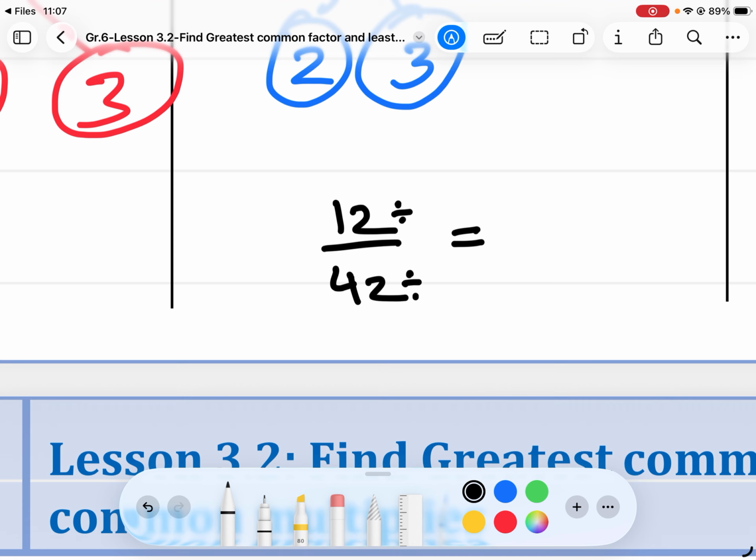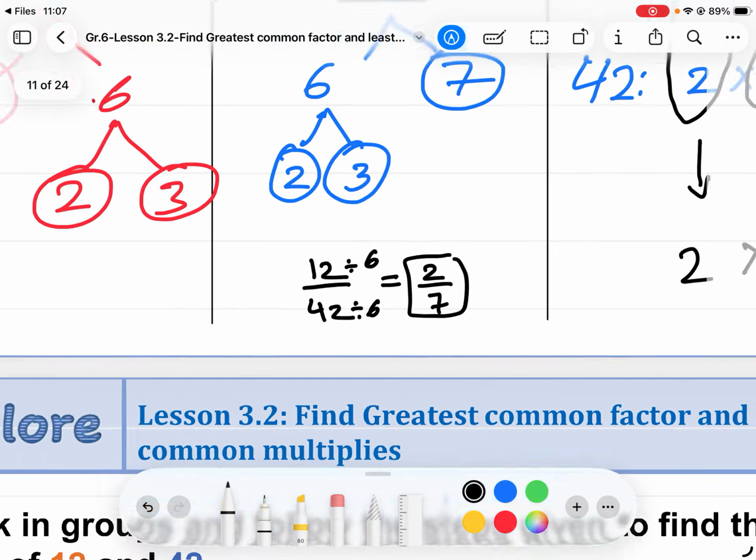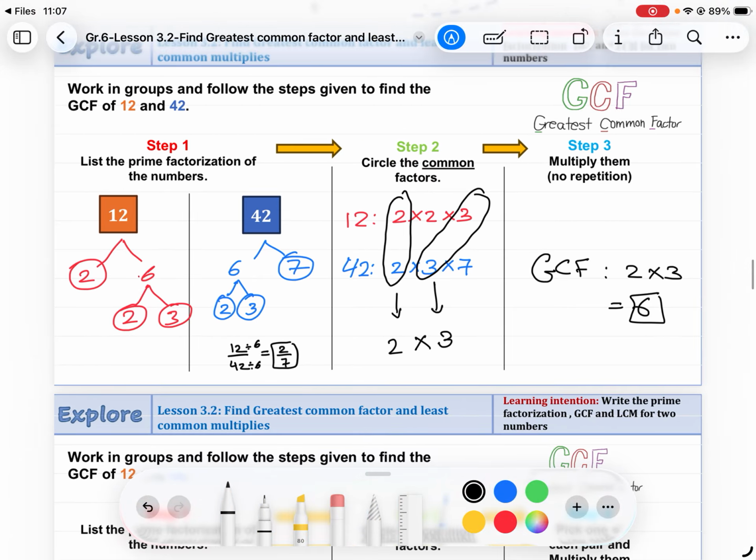They are both in the multiplication table of 6. They both can be divided by 6. So when you divide, it will help you simplify. 12 divided by 6 is 2, and 42 divided by 6 is 7. So that's your fraction in simplest form. This is actually why the GCF is important, to help you simplify fractions. This is one of the benefits.